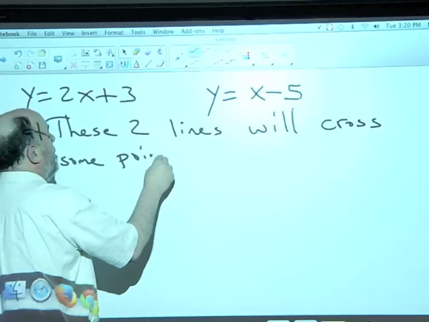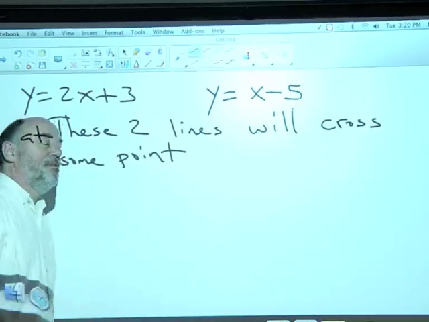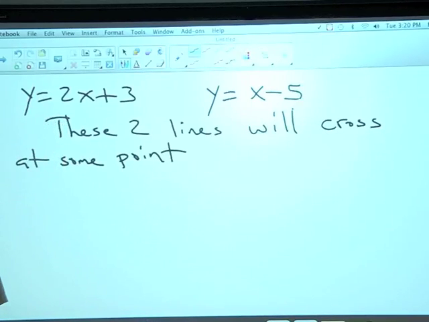Now, one way of finding that out would be to get out a nice piece of graph paper, graph it out nicely, and find out where the two lines actually intersect. That would be the answer, where the two lines cross. The other way is to do it algebraically.